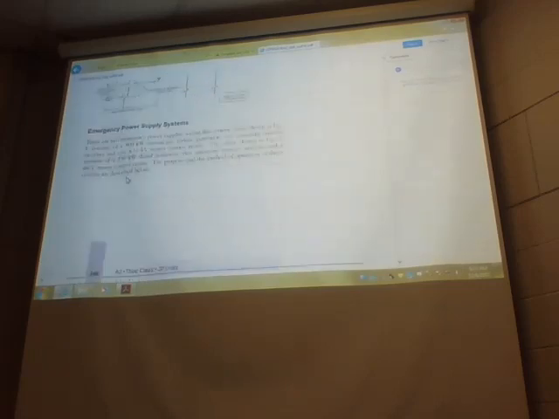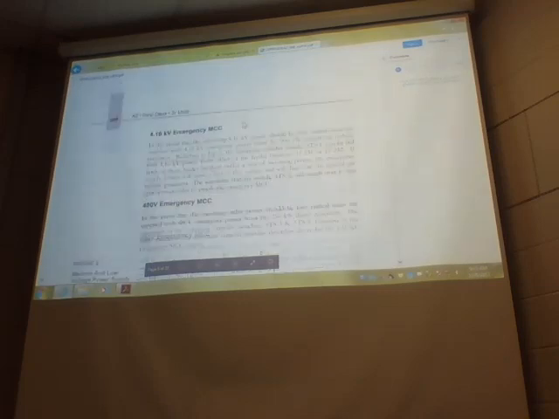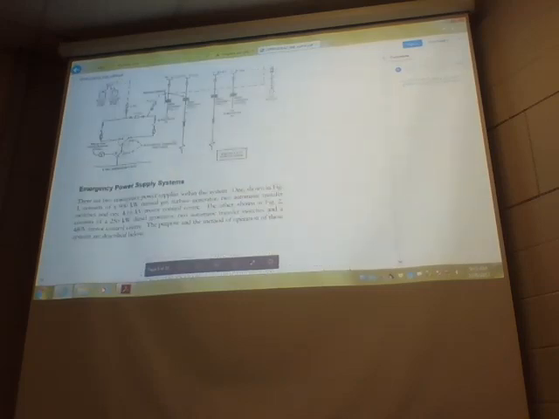So feeder breakers 11301, 302 are coming from these 2 feeders here. So they're 480 volts on the secondary side of those transformers. So your 480 volts here.